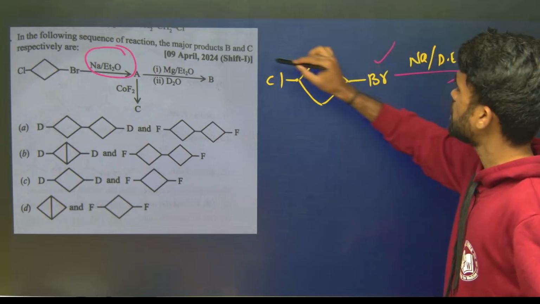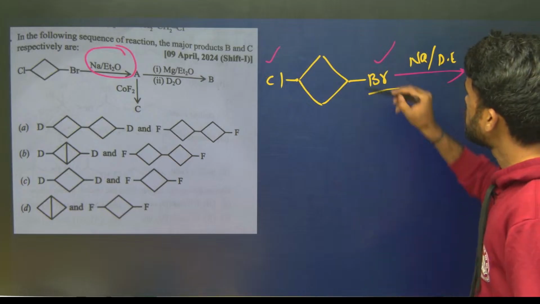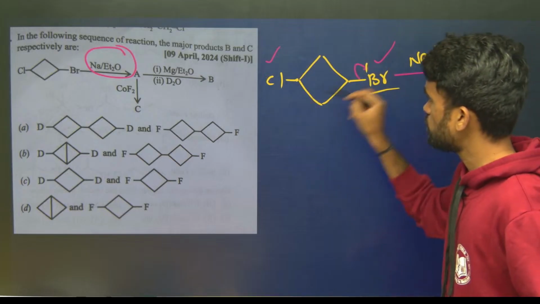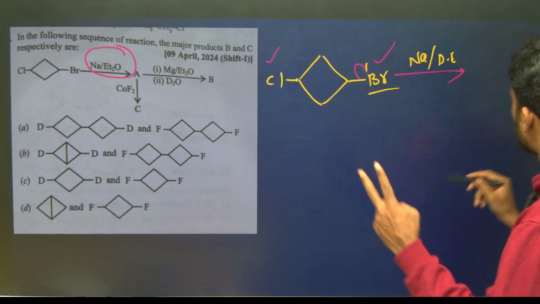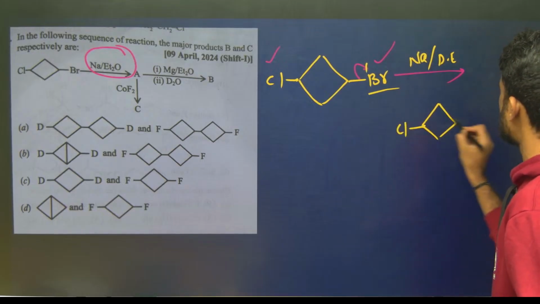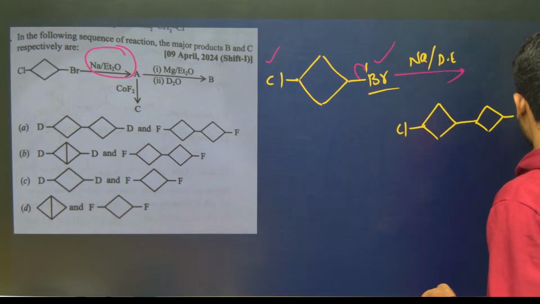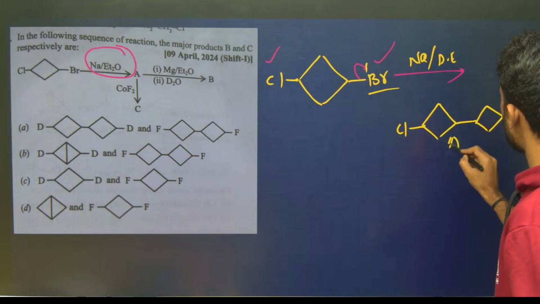Here bromine is there, chlorine is there, but you know bromine containing groups are more reactive, therefore this will come out first. So if we have these molecules as 2, they will pair up and the chlorine remains as it is here, like this. So this is our A I am taking, okay.